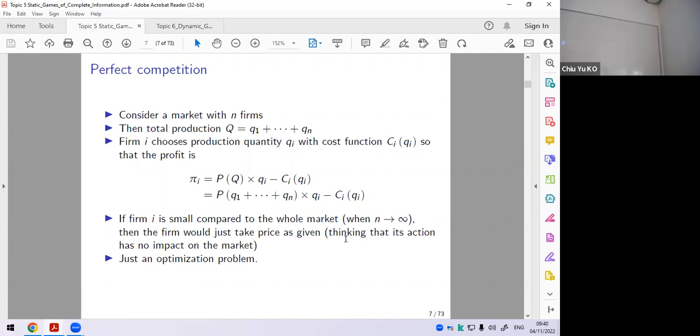They act as if they are price takers, just like people from finance, right? They would argue that when you send an order to the market, the price would actually adjust. But if they think they will not change it, then this will be the outcome. And of course this outcome is justified if everyone is small. If small, then your order doesn't change the market, or maybe only a little bit. In that case, this is a good approximation.